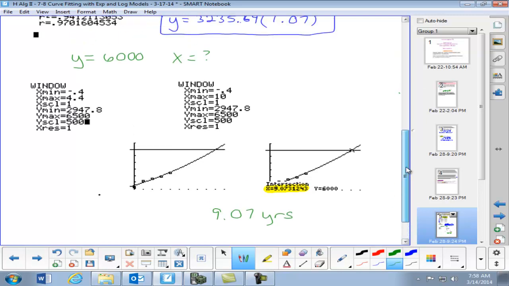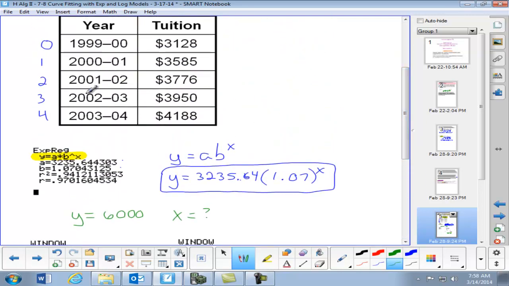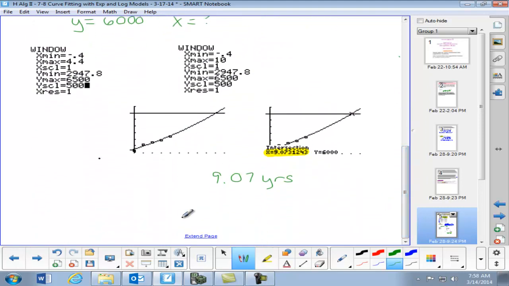So 9.07 years, you got to figure out with your chart, if it's 9 years past this, it'll be sometime during the school year 2008, 2009. So somewhere in this time period will be when the tuition is $6,000.